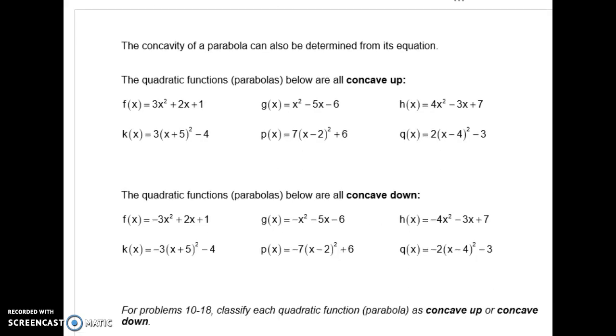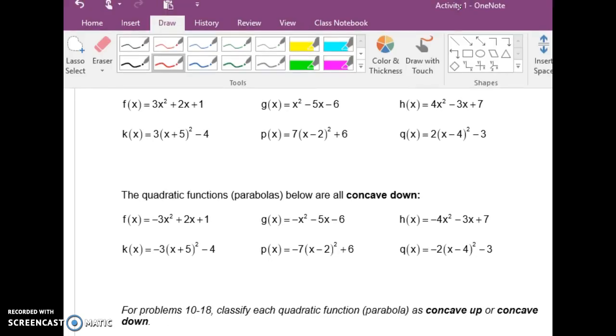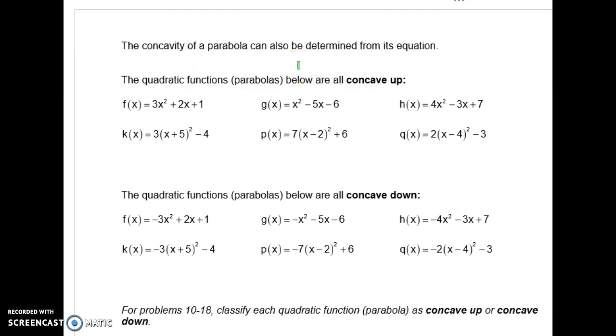We can also tell this from the equation of the graph, and it has to do with this number that's in front. Let's look at all these equations right here. They're all concave up. What I'm looking for is this number that's in front of x squared. We call that a coefficient, or if it's in front of the quantity, x whatever squared.